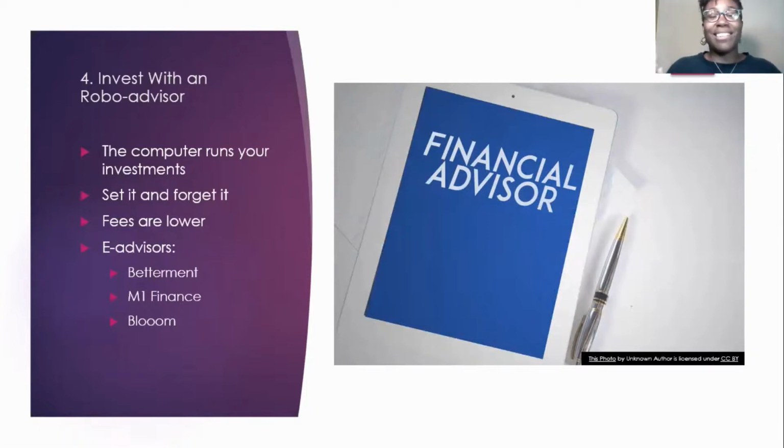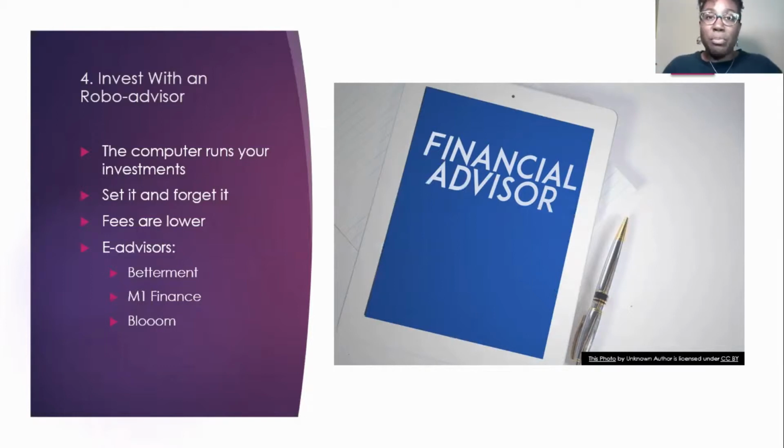And every time I see this, I think of RoboCop, but it's not an actual robot physically that is handling your money. It is basically a computer system or computer program that is handling your investments per your requirements. So you set up before you start the account what you want your investments to be, and how conservative or liberal you want to be with the money that you invest in the account.